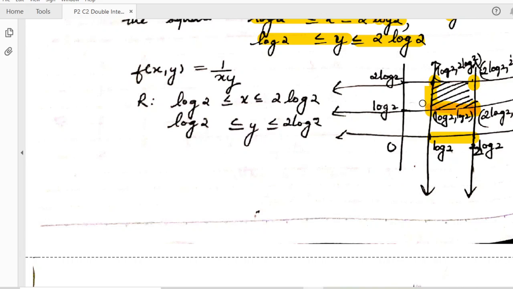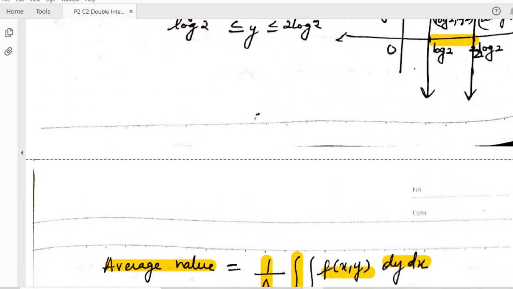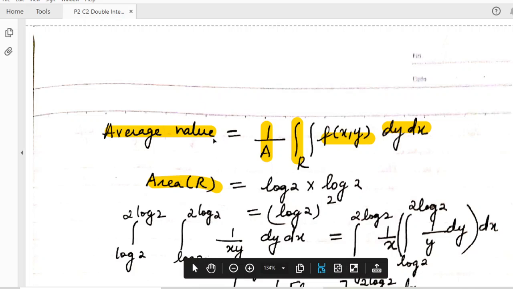So what is the area of a square? You can find length into breadth or you can write it as side square. So we get log 2 into log 2, that is log 2 the whole square, is the area of this region. So here the area of the region is log 2 square.